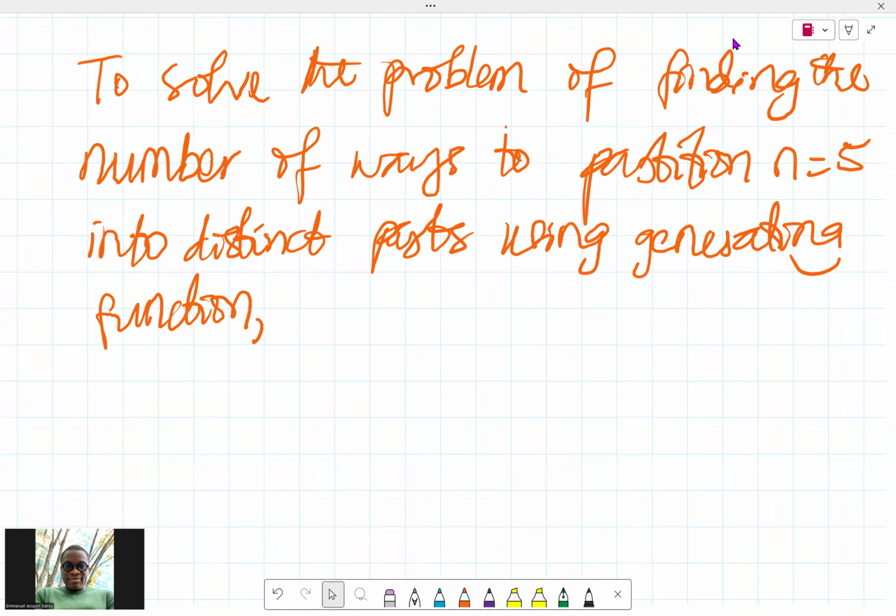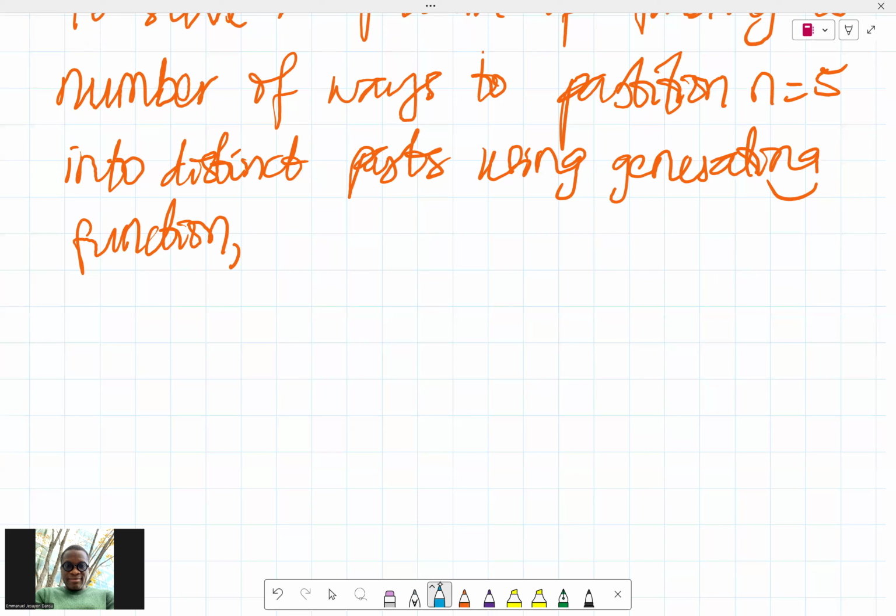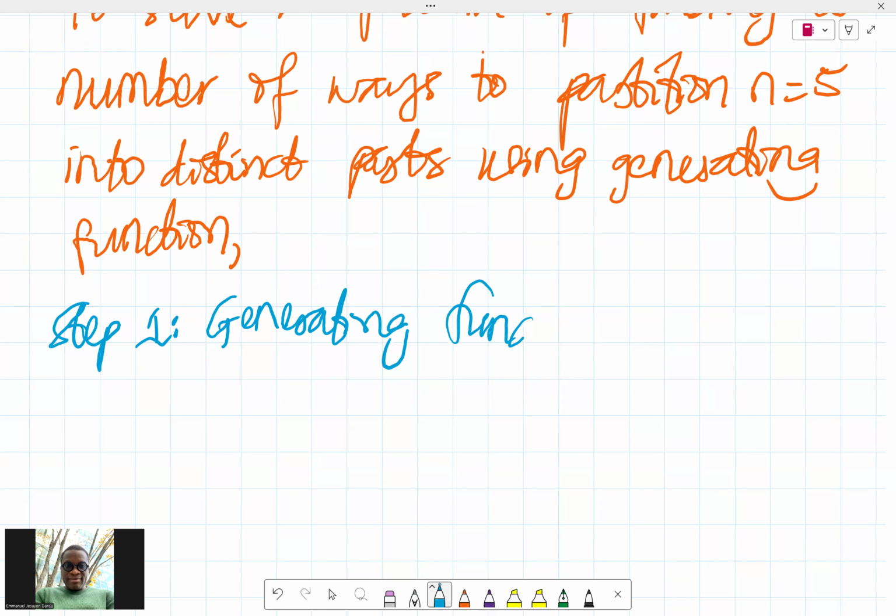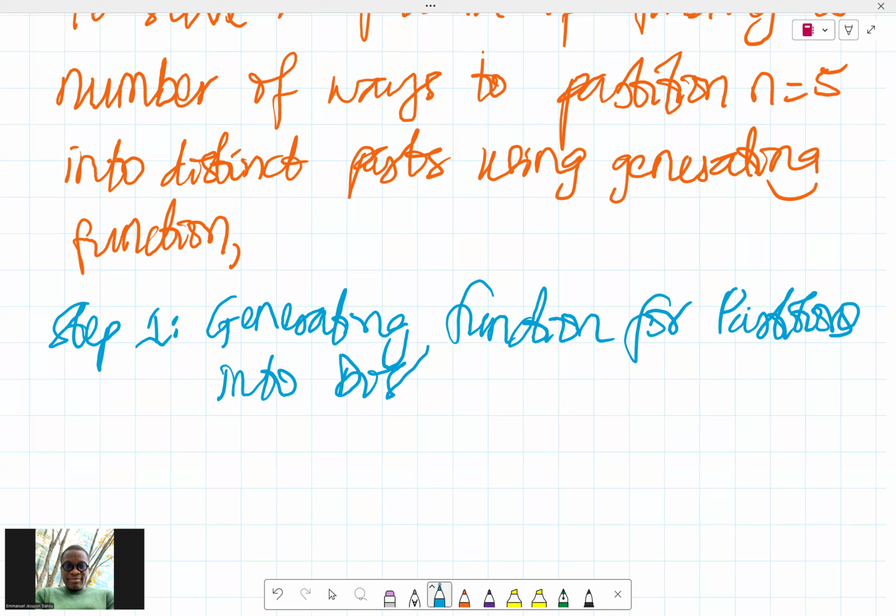So to do this, the first thing we will have to do is to define the, step one. So we'll talk about the generating function for partitions into distinct parts.